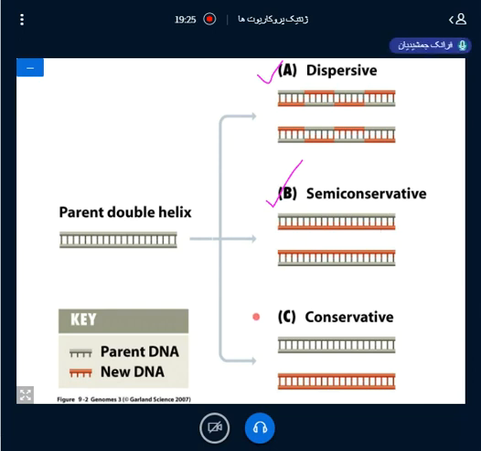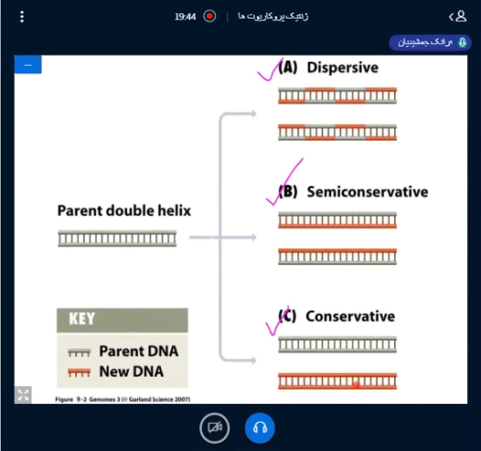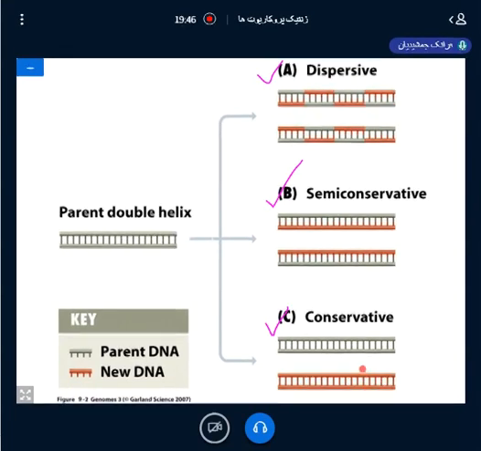We have another theory, the conservative theory. What does conservative theory mean? Conservative theory means that from one double strand older DNA, we have double strand new DNA. So we have double strand new DNA from double strand mother DNA.